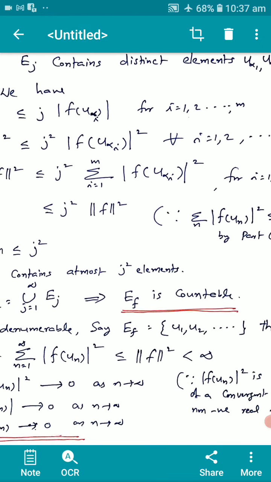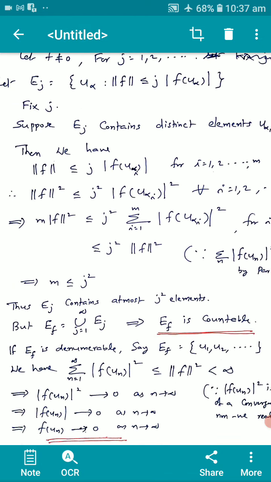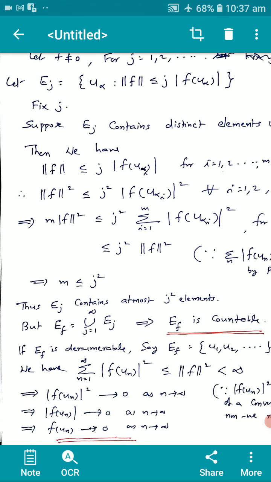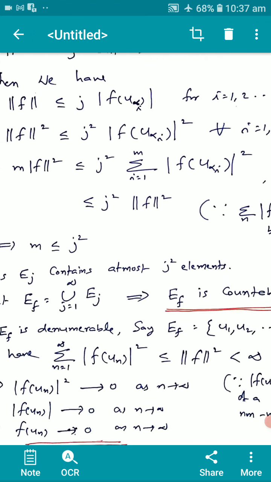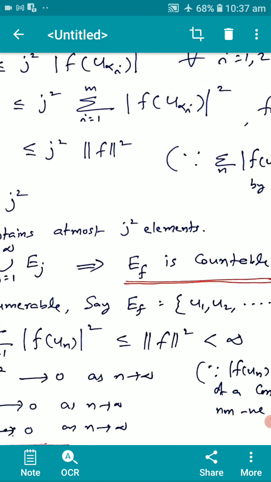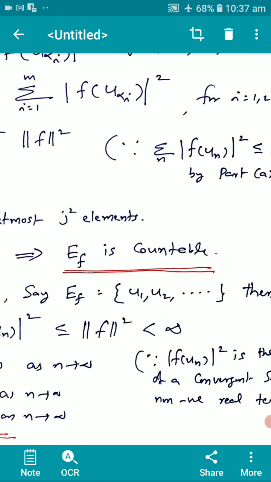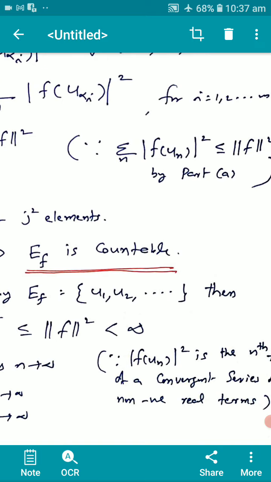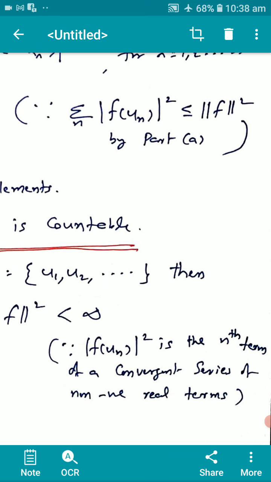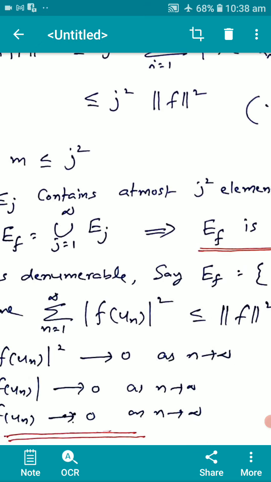Clear? Then E_f is denumerable. If E_f is denumerable, you take E_f equal to the set u1, u2, etc. Then we have sigma n equal to 1 to infinity modulus f un square less than or equal to norm f square, which is less than infinity, since mod f un square is the nth term of a convergent series of non-negative real numbers.